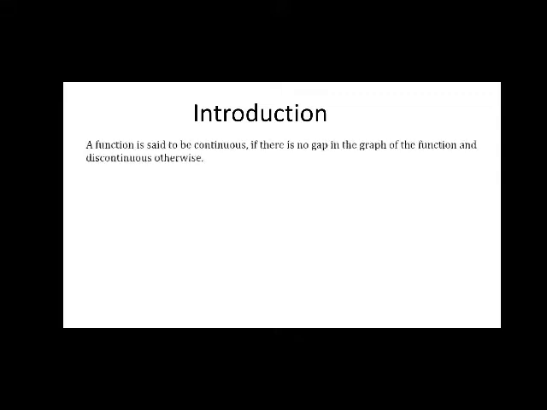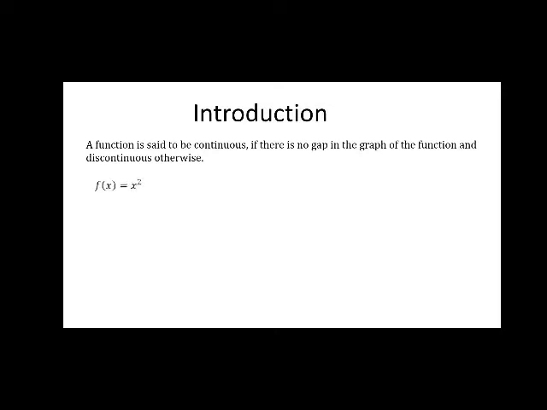So just to put in a simple word, any function will be called continuous if there is no gap in the graph of the function, and if there is one, then it will be called a discontinuous function. So now let us take an example and understand how this works.